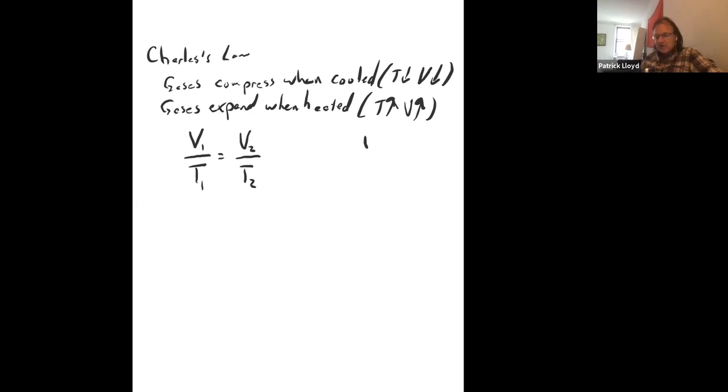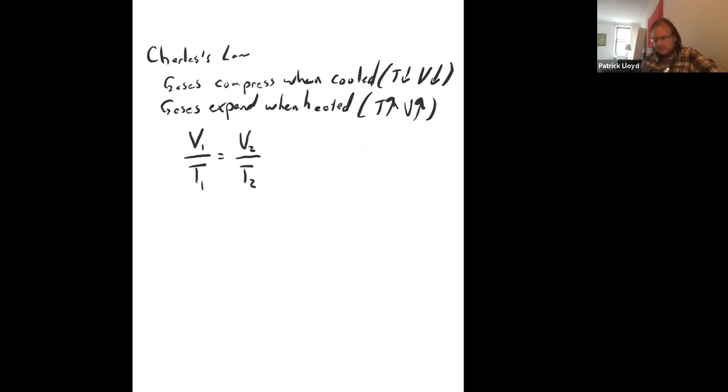If I say something is directly proportional, divide both sides, right? So now you get V over T is proportional to some number, a constant, K, right? So the ratio in this case, unlike Boyle's where it's the product, okay? And notice I'm using the 1 and 2 subscript, okay?